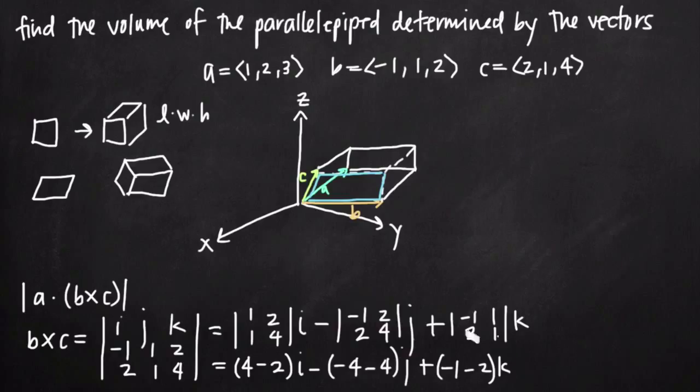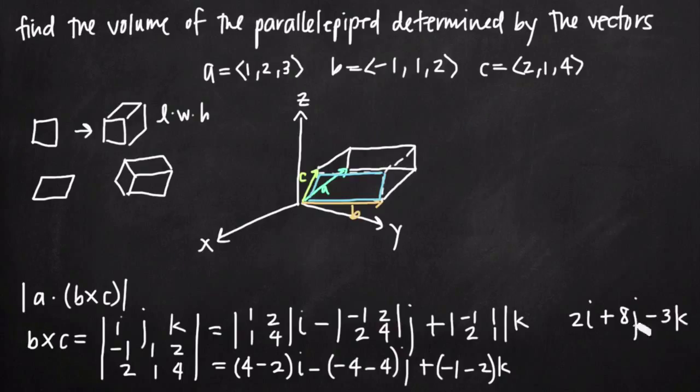Now if we write our result over here, 4 minus 2 is 2, so we end up with 2i. Negative 4 minus 4 is negative 8. We have minus a negative 8, so that's plus 8j. And then negative 1 minus 2 is negative 3, so minus 3k.